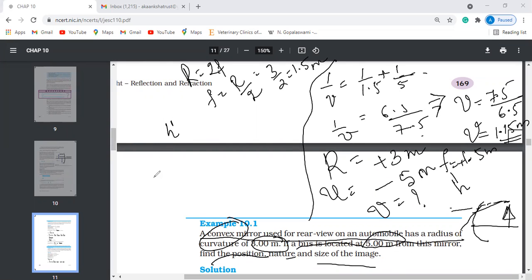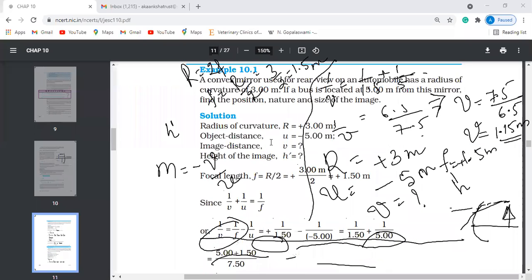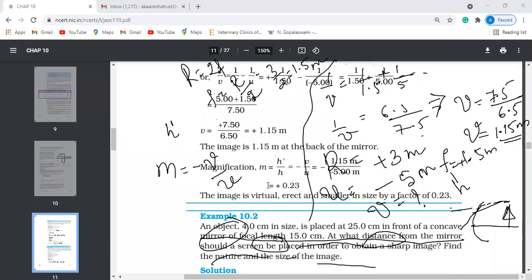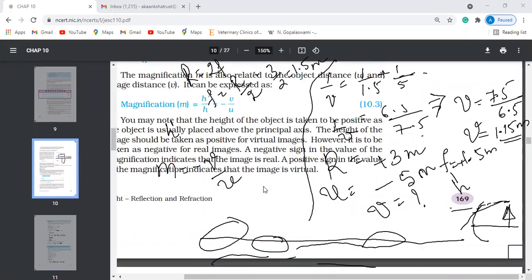You know the formula. M is equal to minus v divided by u, correct? Just write down the answer. V is equal to 1.15, okay? No, the question is actually wrong. Your question is wrong.